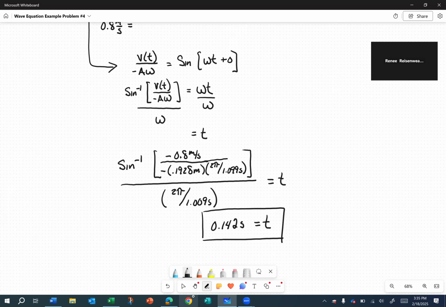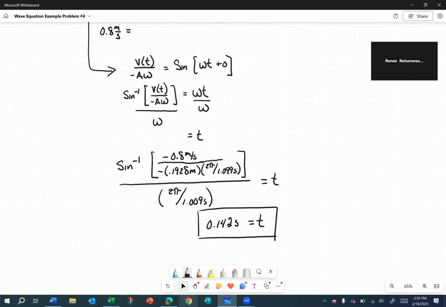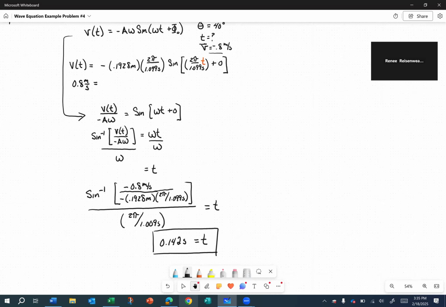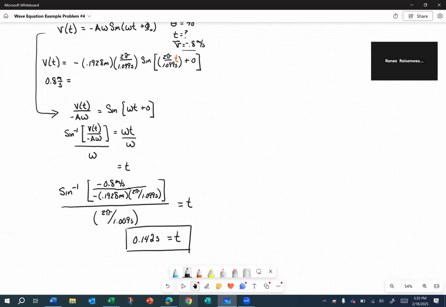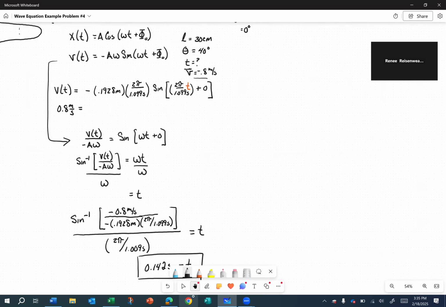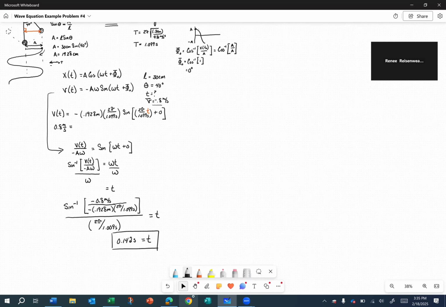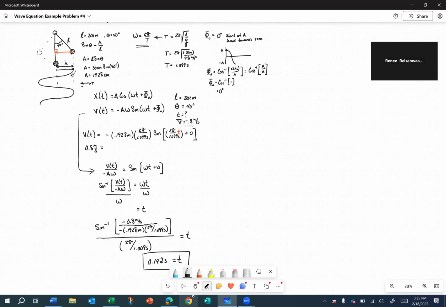Since I then have the time, I can find the position of where it would be when that amount of time passes by. So now I'm going to use that time in my position equation. Again, the question is how much time goes by before it reaches that speed, right?